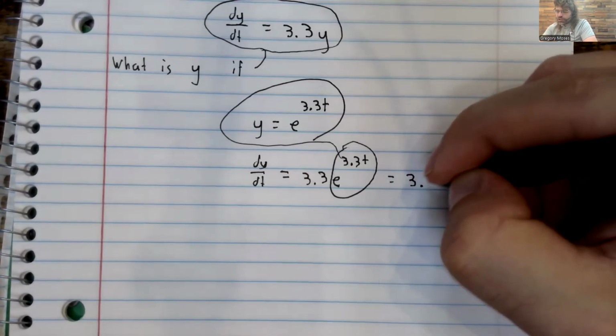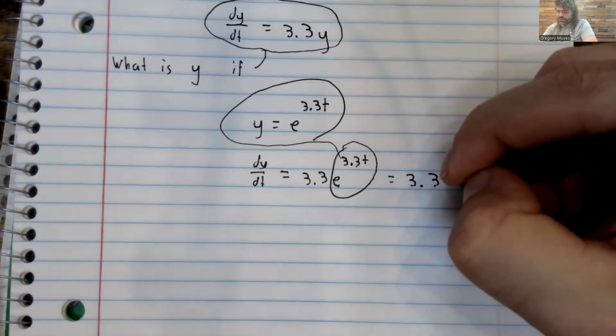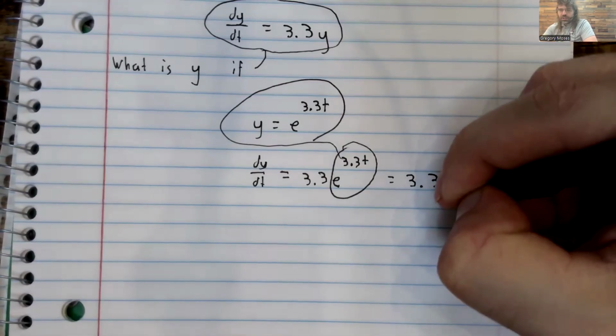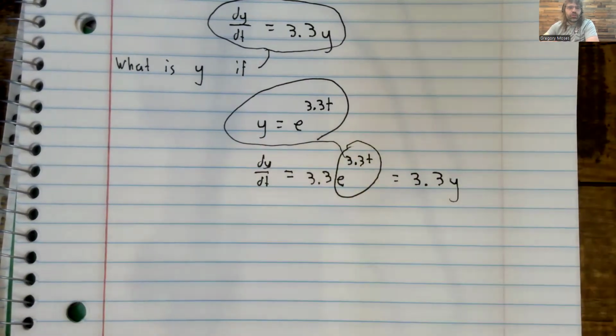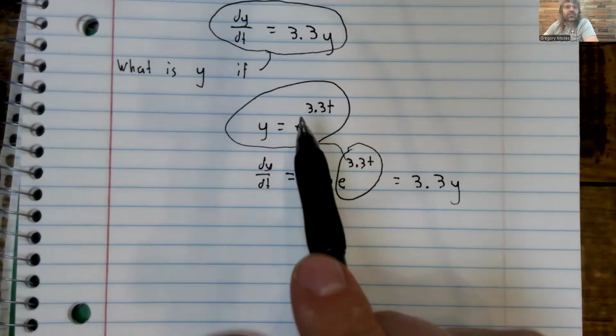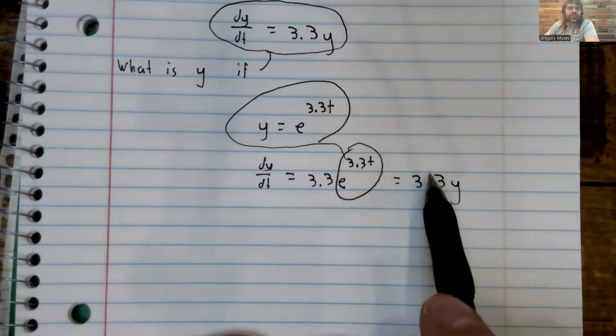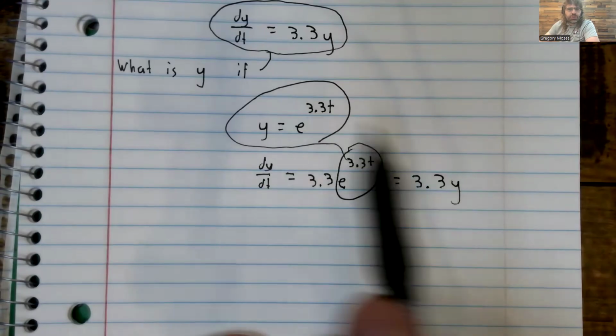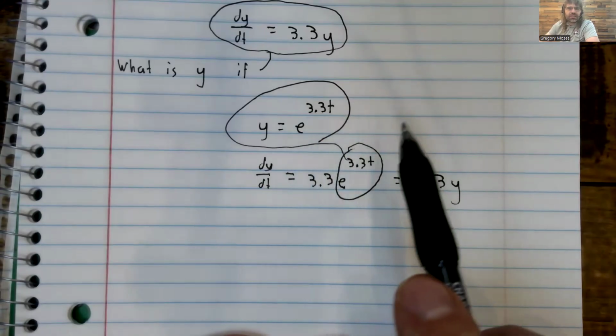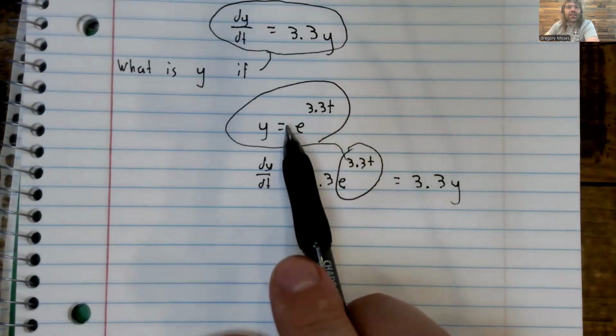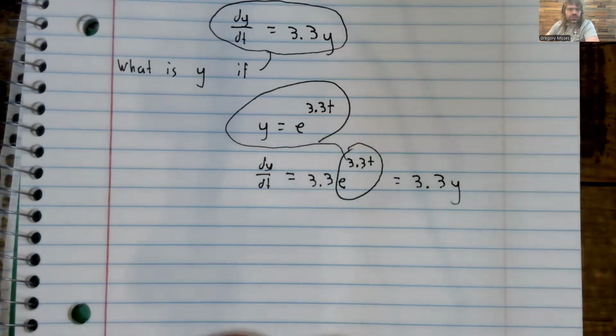So this function satisfies this equation. And in fact, this function is the only function that satisfies this equation up to a constant. If we put like 5 here, that would still work.